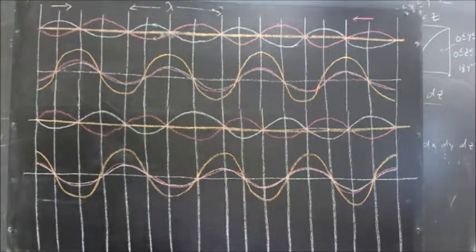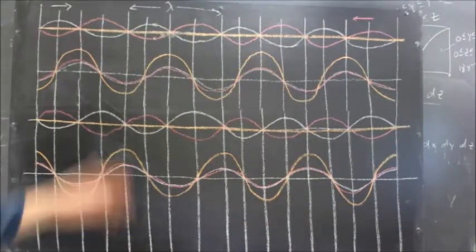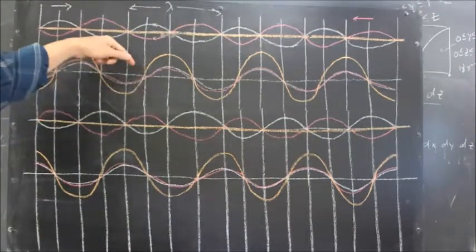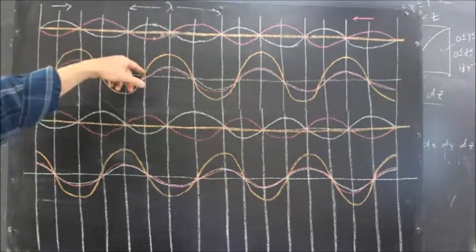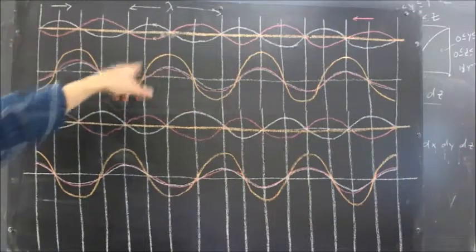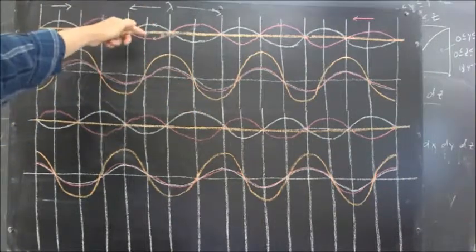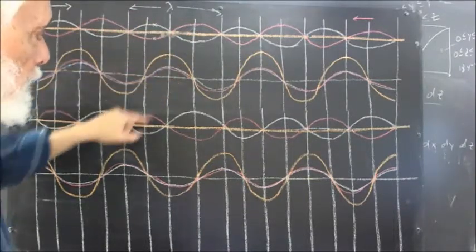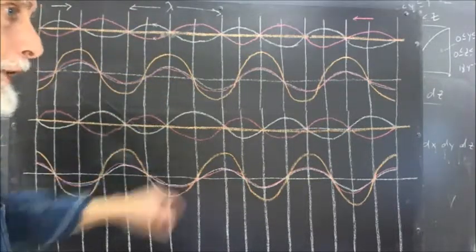Now, that motion is well described by the wave that we've constructed, the orange wave, let's say. It's here at equilibrium, and then it gets a peak on one side, goes back to equilibrium, peaks on the other side.